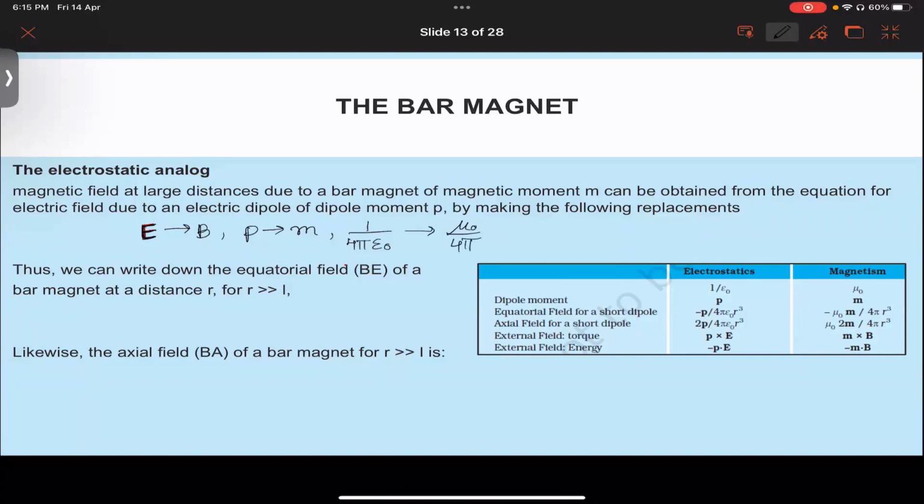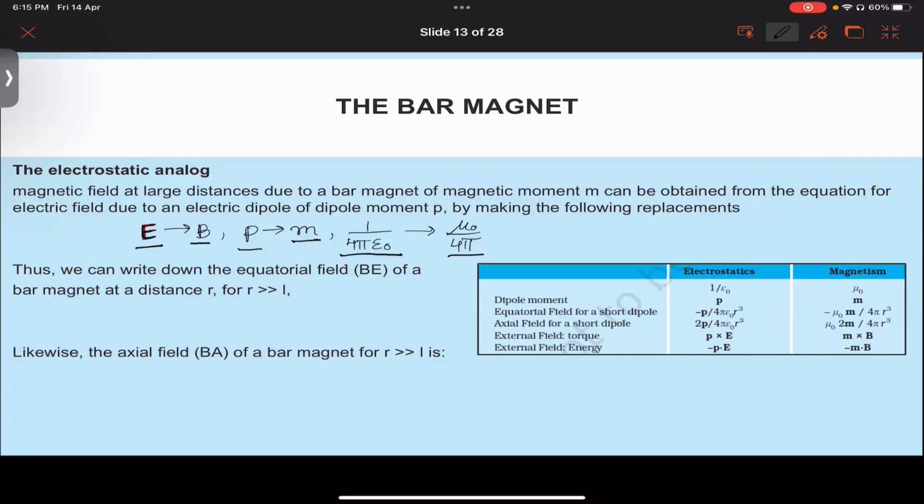You can see very easily we can substitute all the terms that we commonly use for electrostatics with equivalent, corresponding terms in the magnetic field domain.